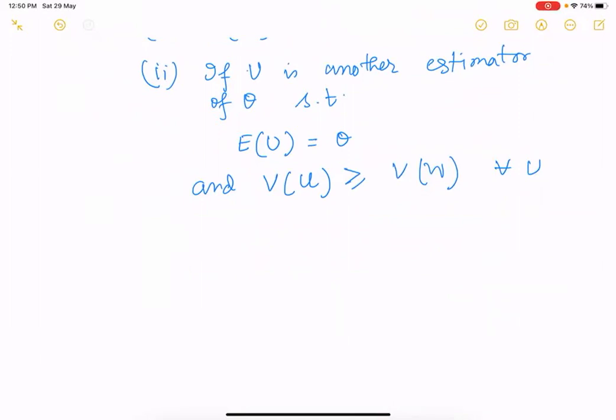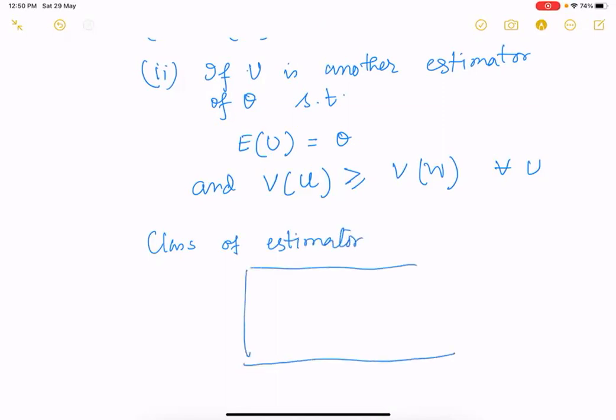The problem is your class of estimators could be here. This could be your class of estimators, the entire universe or omega of estimators.